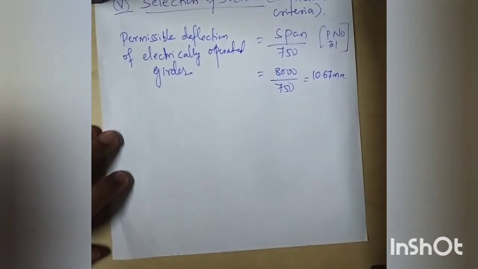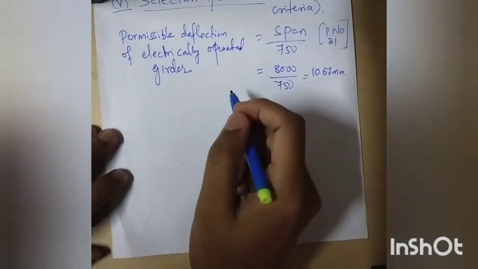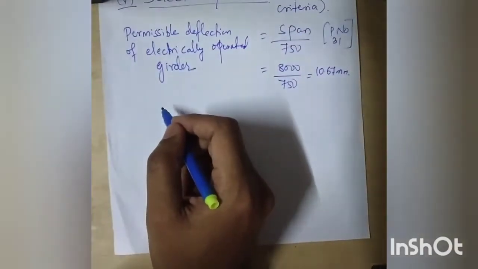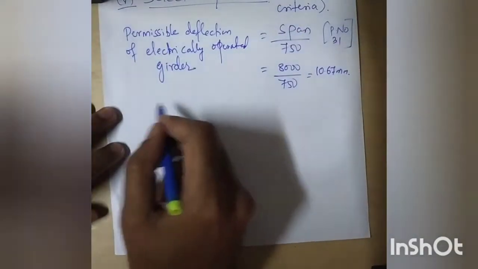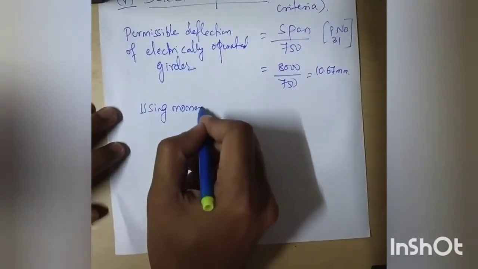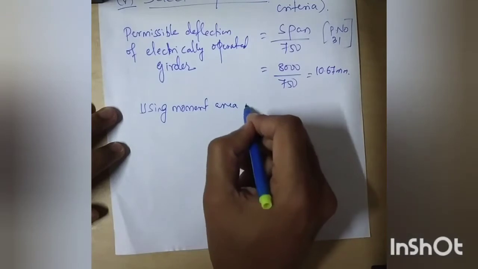Now we have to calculate the deflection. We have to use the deflection formula for the beam using the moment area method.